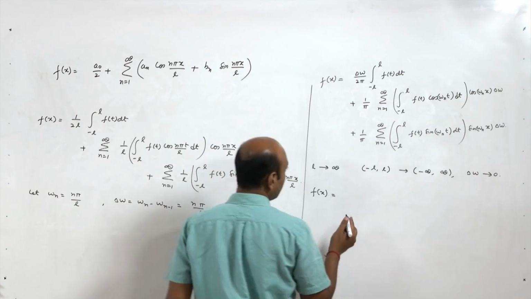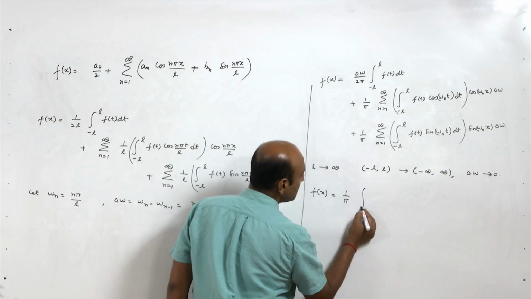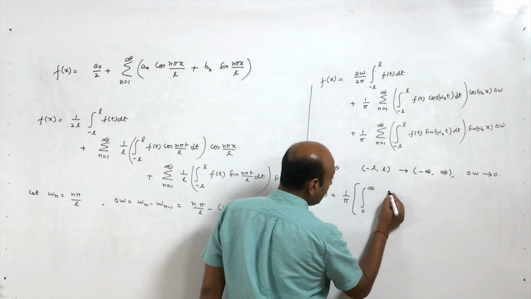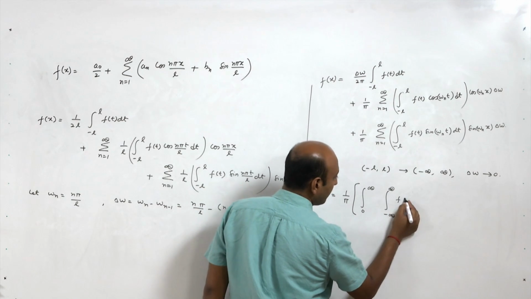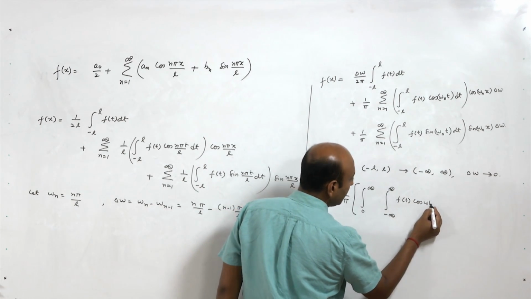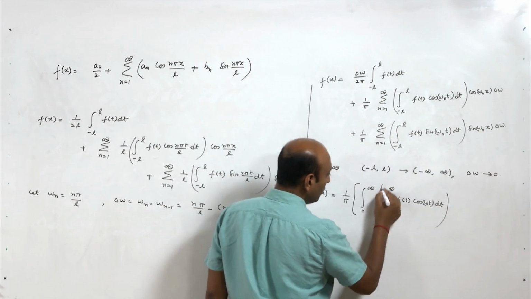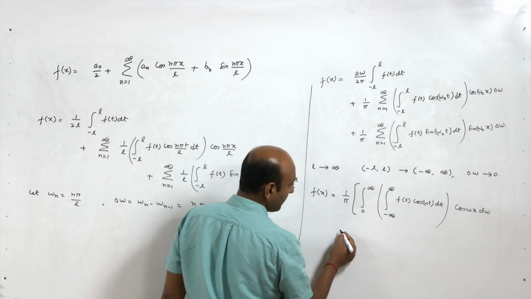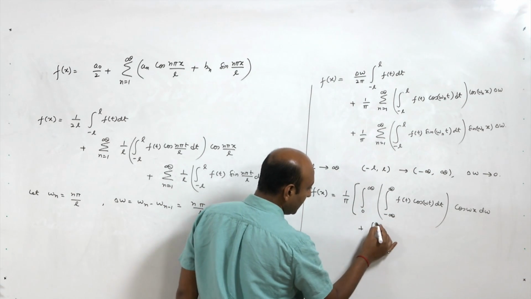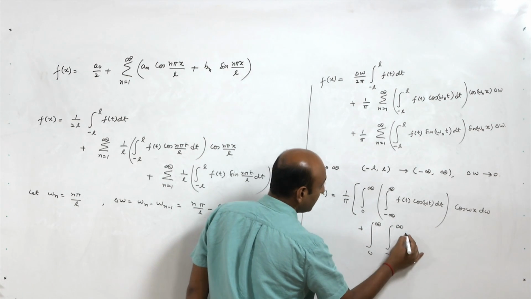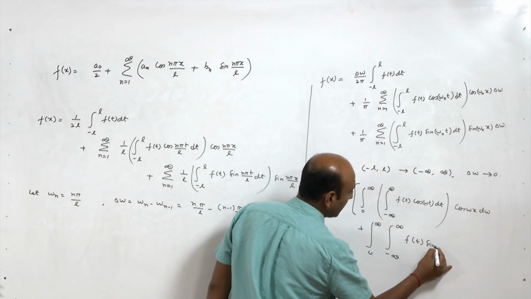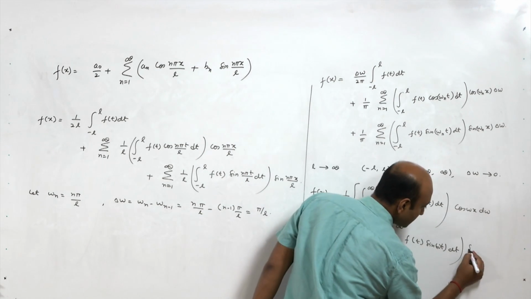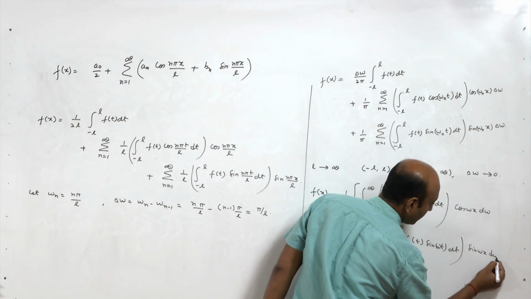And the remaining sum will be a Riemannian sum, because L tends to infinity and delta omega tends to 0. So, this will be nothing but 1 upon pi integral 0 to infinity, integral minus infinity to plus infinity f(t) cos omega t dt, whole multiplied by cos omega x d omega, plus integral 0 to infinity, integral minus infinity to plus infinity f(t) sin omega t dt, whole multiplied by sin omega x d omega.